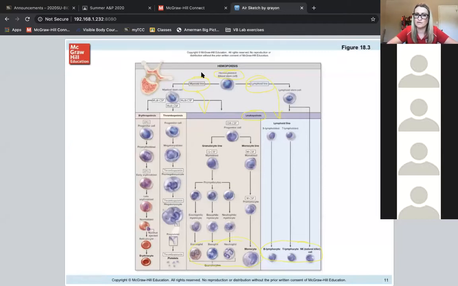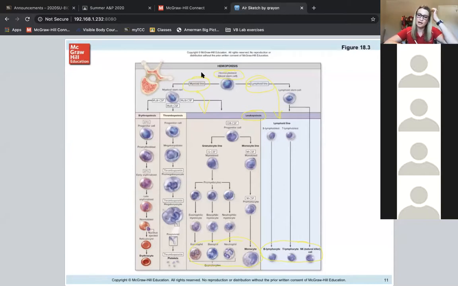It gives you eosinophils, basophils, so the granulocytes, and the monocyte. Notice I skipped all those intermediate names, so I'm not going to ask you to fill those in, at least not for leukopoiesis. Just know what leukopoiesis from the lymphoid line gives you and what leukopoiesis from the myeloid line gives you, and you'll be good.